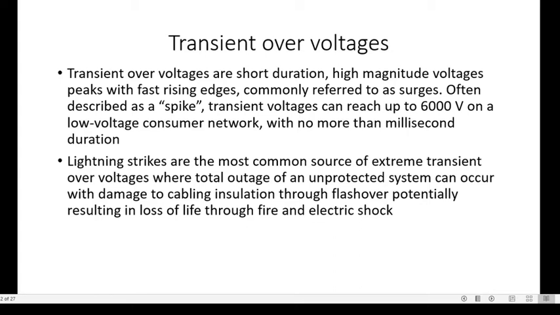So lightning strikes are the most common sources of the extreme transient overvoltage, where total outage of an unprotected system can occur with damage to cabling insulation through the flashover, potentially resulting in a loss of life through the fire and electrical shock.